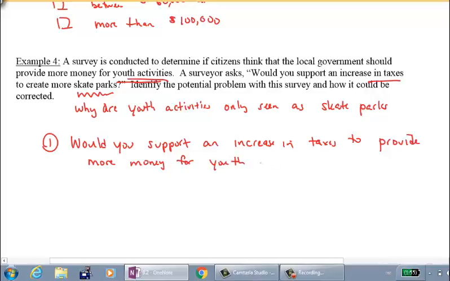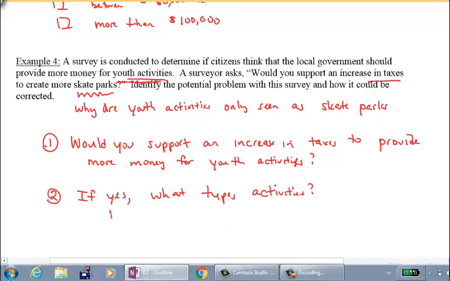I think that's a good first question. And then you can say, if yes, like a follow-up question, what types of activities? And I think that's a more accurate or better question. So now you give them some choices, maybe arts, maybe music, maybe sports, I don't know, maybe other, right? That is a much less biased question.